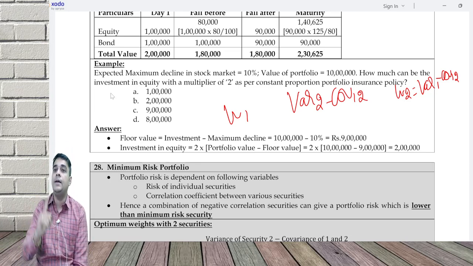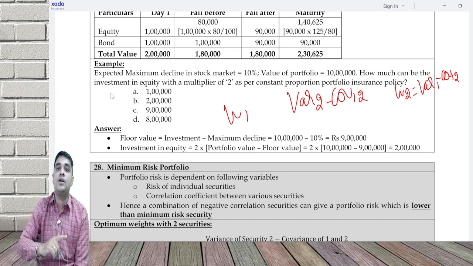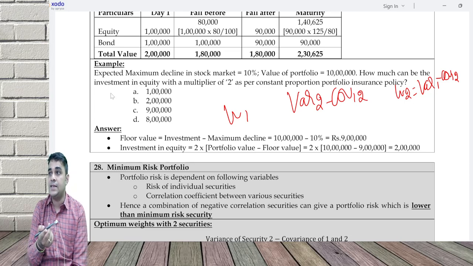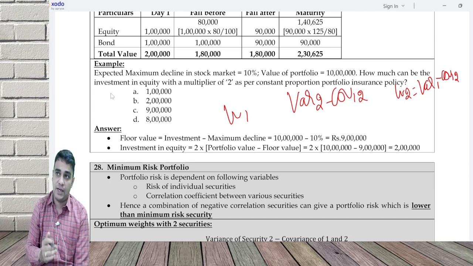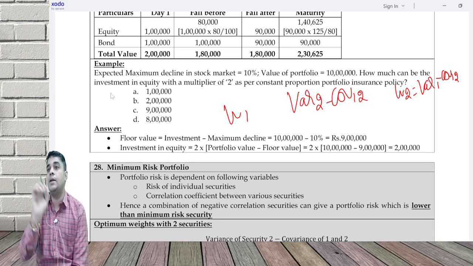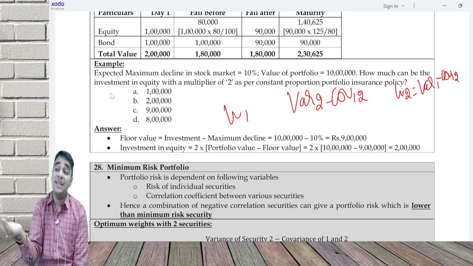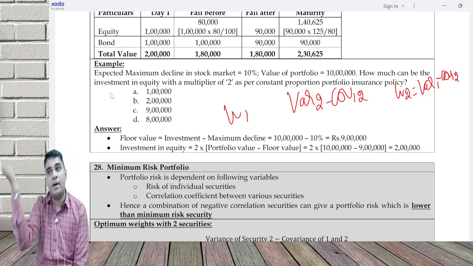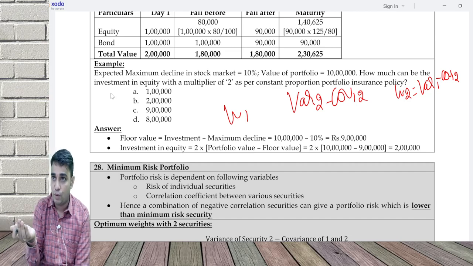I'll repeat again. Weight of the first security is equal to variance of the second security. More the variance of the second security, more will be my weight, deducted by the covariance. Then the second security is saying, let me also look into your variance. If your variance goes up, that other security's weight will go up.